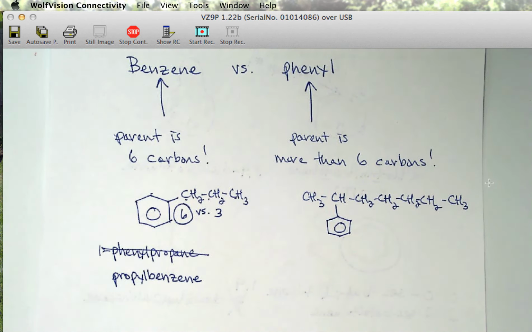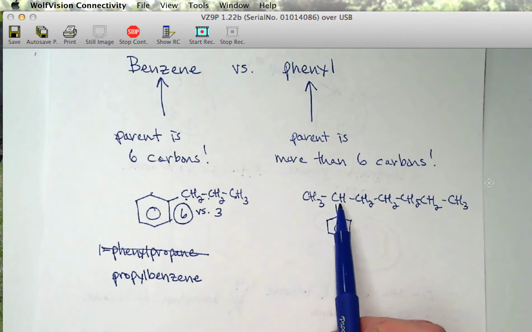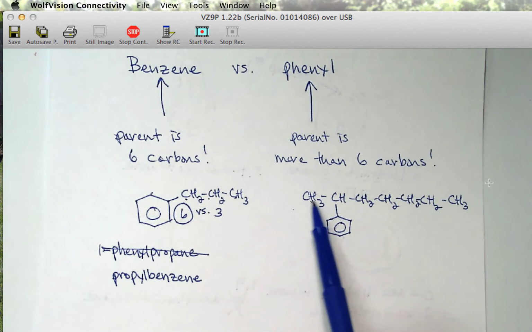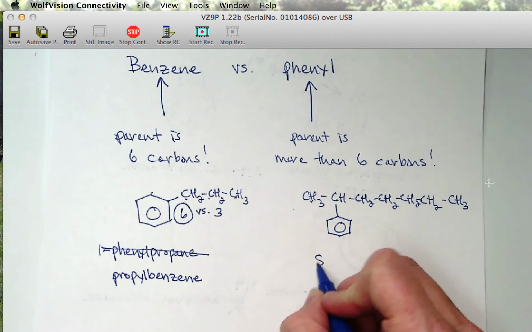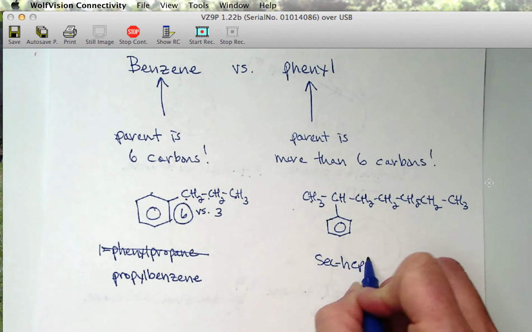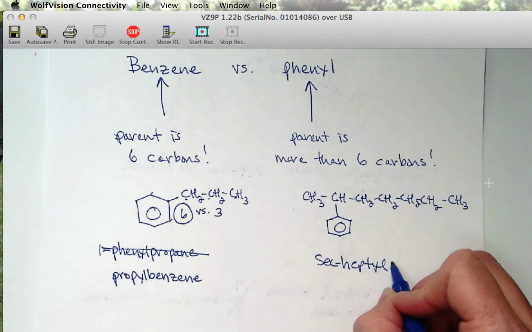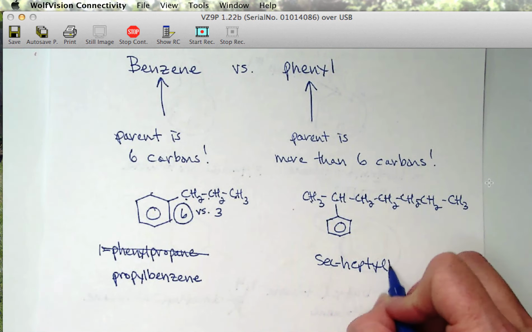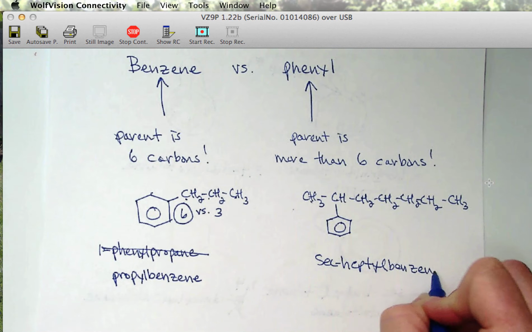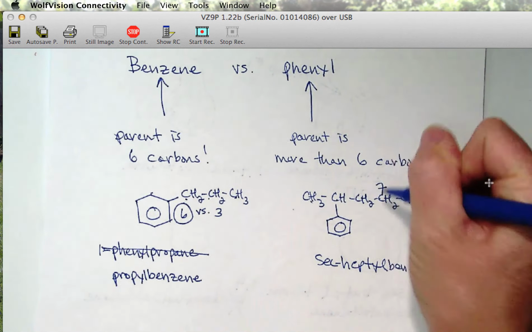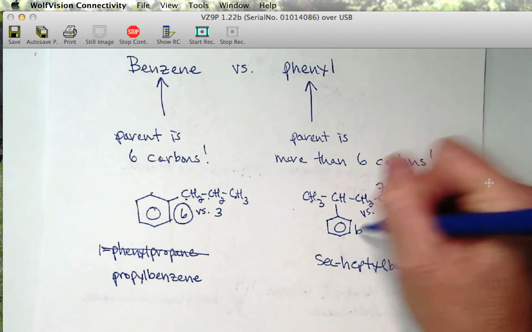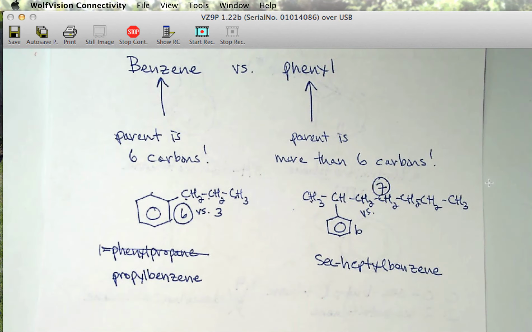Okay, this one, a lot of times students say, well, why shouldn't it be heptylbenzene? This is 7 versus 6. 7 carbons wins.